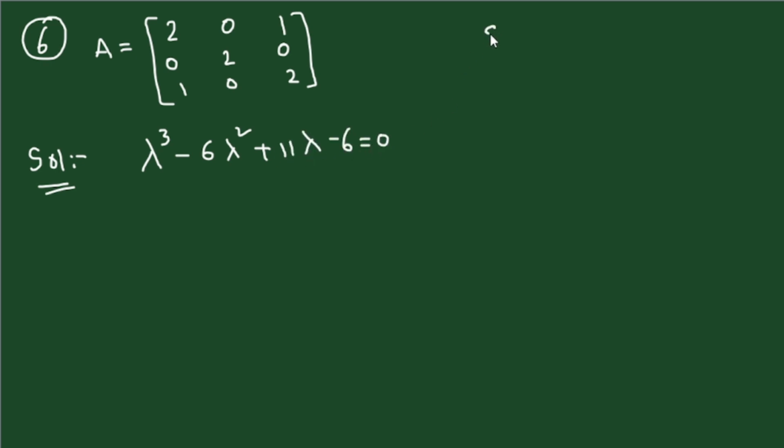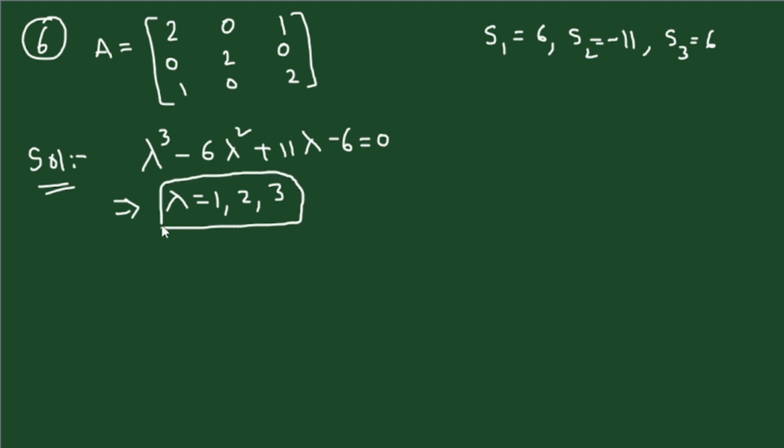I am directly writing it. S1 is 6, S2 is 11 and S3 is determinant of A, which is 6. If you find the eigenvalues using a calculator, you will get 1, 2, 3 as eigenvalues.